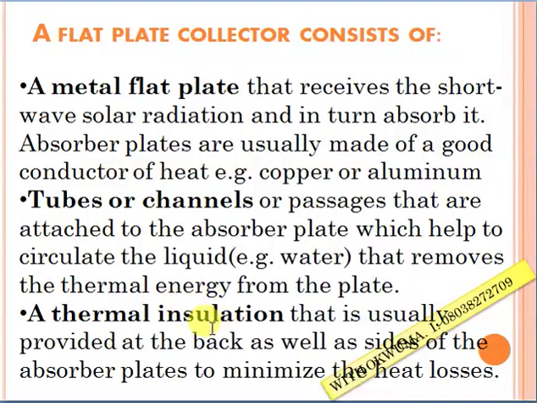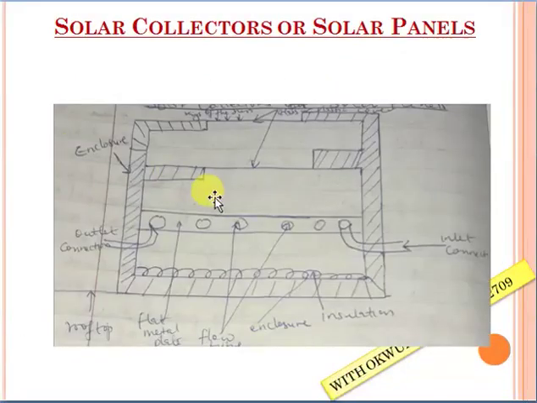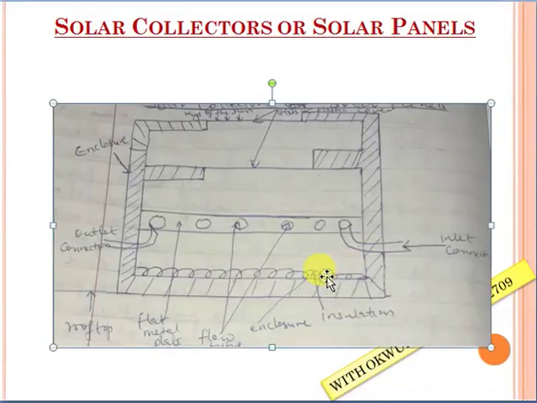Now the next one is the thermal insulation. What is its work? It is usually provided at the back as well as the side of the absorber plate to minimize heat loss. Let's look at the diagram. Remember, this is the absorber plate.